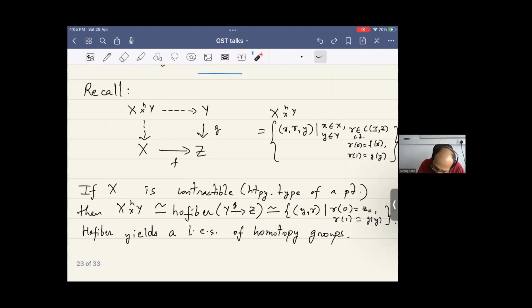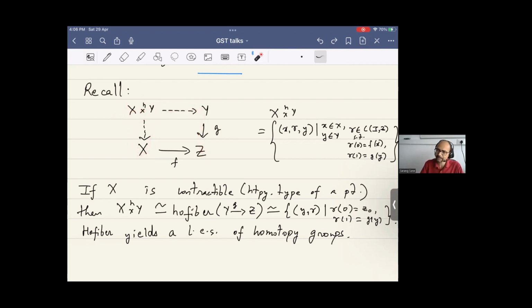Now, if X is contractible, so that means it has the homotopy type of a point, then this object here, which is on the top left of the homotopy Cartesian square, is really the homotopy fiber. That's one way of defining the homotopy fiber. And one can formally write down what that means. The point is this homotopy fiber, essentially you can ignore this part here and just look at this.